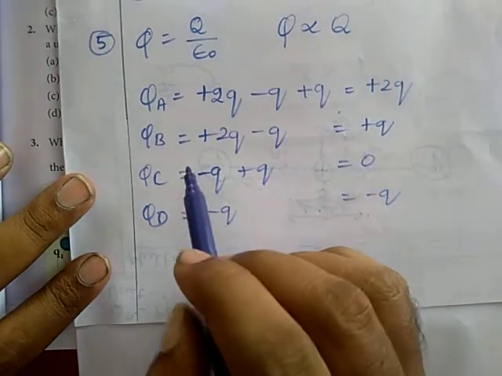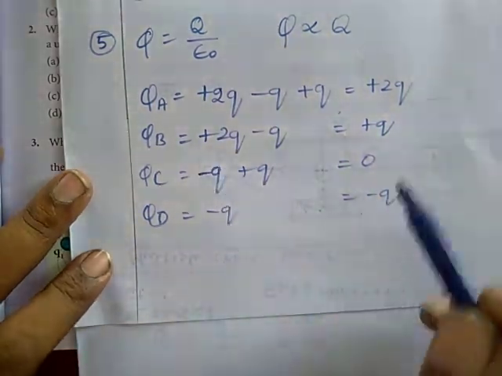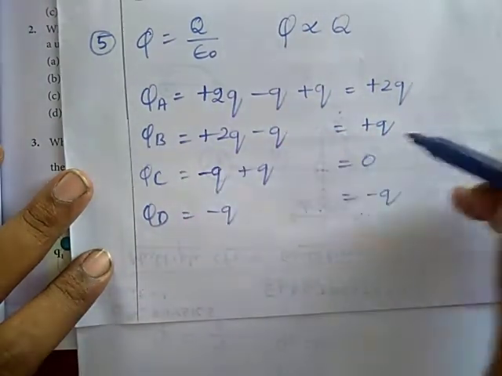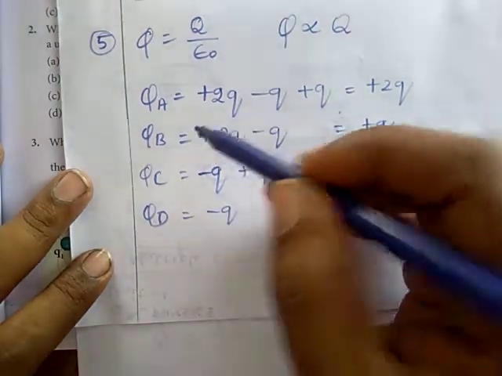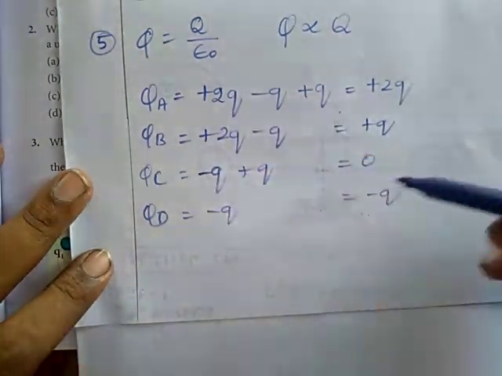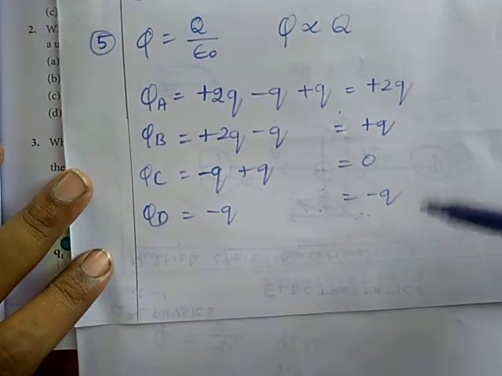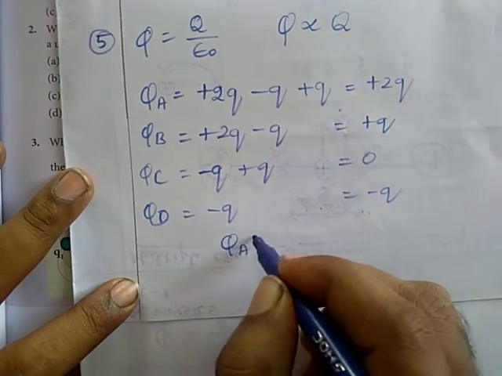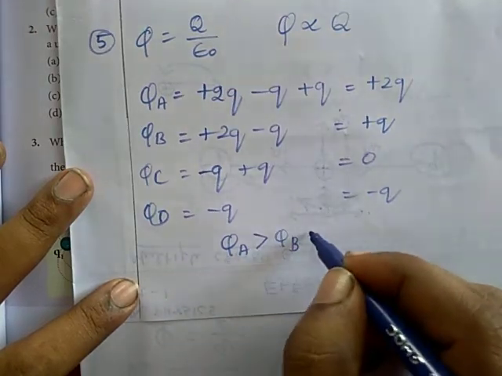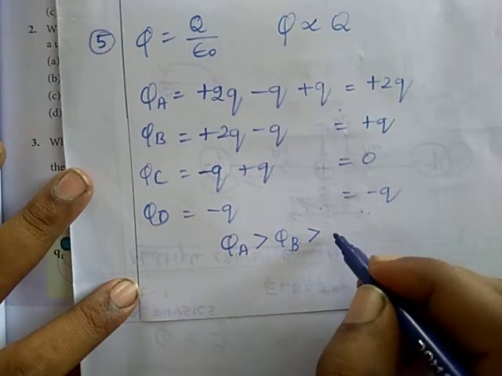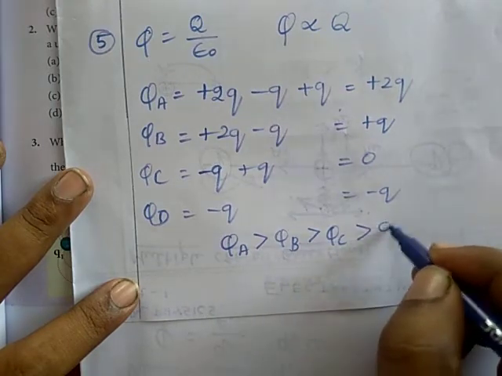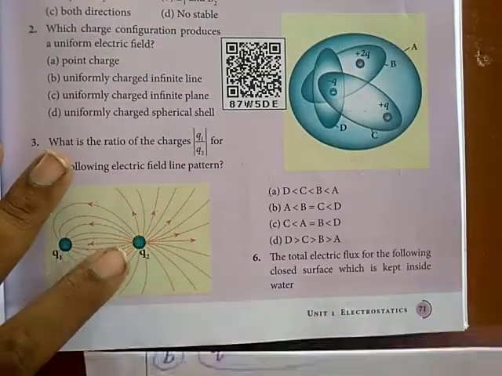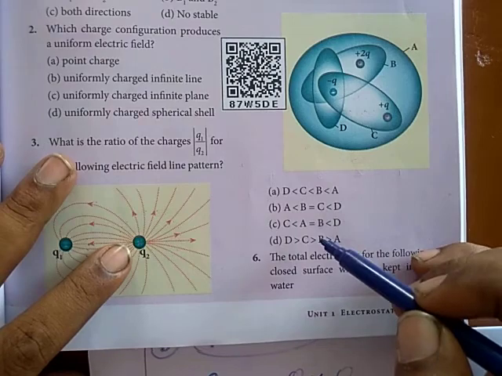So A has the greatest flux, B is less than A, C is 0, and D is a negative value. We can arrange it as phi A is greater than phi B, which is greater than phi C, which is greater than phi D. The options are in increasing or decreasing order.